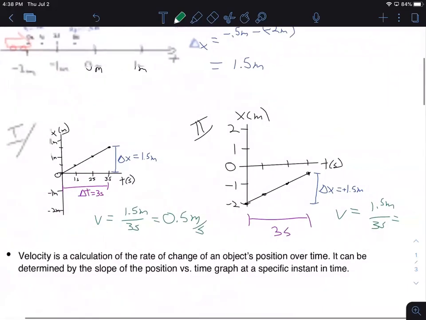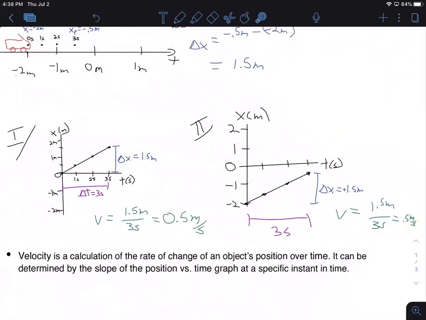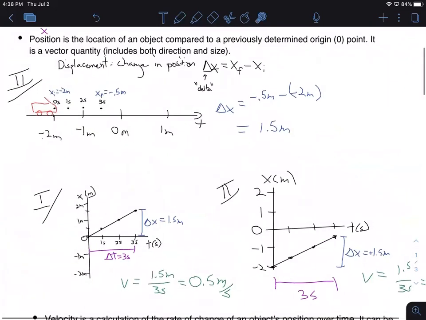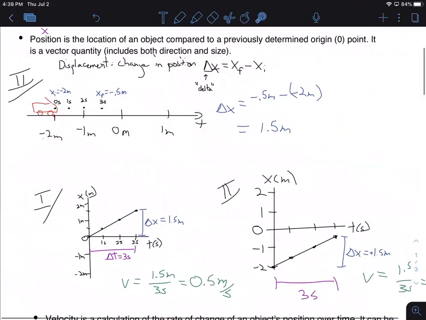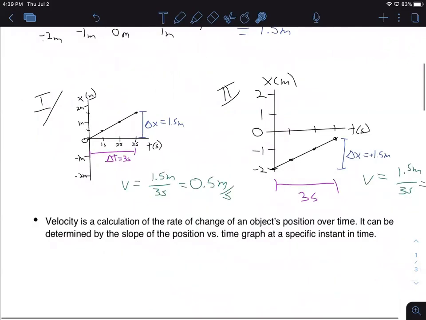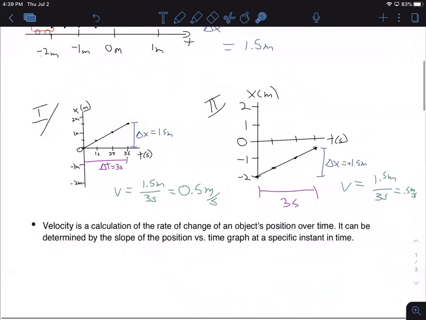So it was moving in the positive direction and changing by 0.5 every second. So even though it was at a negative position, its velocity was positive. It was moving in the positive direction. So negative position, but positive velocity. Because in either case, we have the same slope, the same change in position over time.